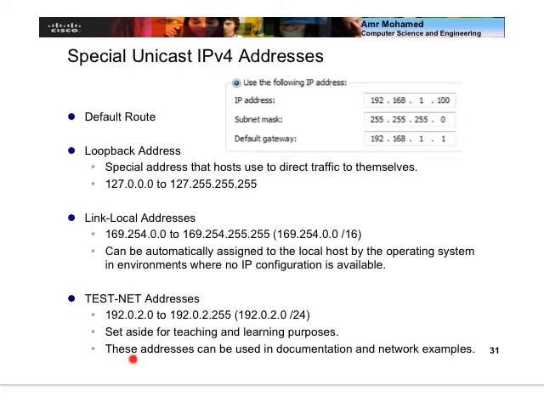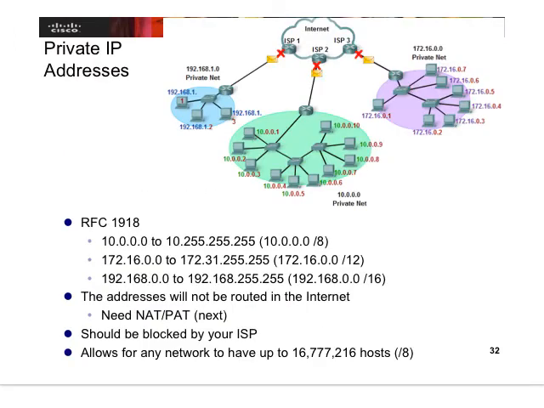They are also used for documentation and education in general. For example, if you want to explain in a document or an RFC a specific example about a network and how you configure it, then this range is used.